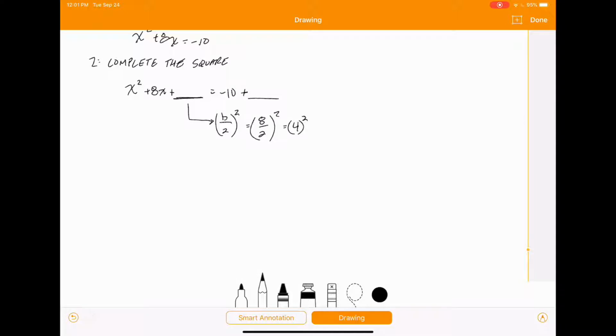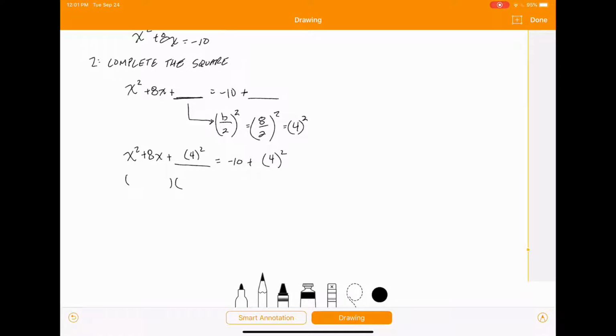So if we rewrite this, we're going to have x squared plus 8x plus 4 squared equals negative 10 plus 4 squared. Now we can go ahead and factor this side here.